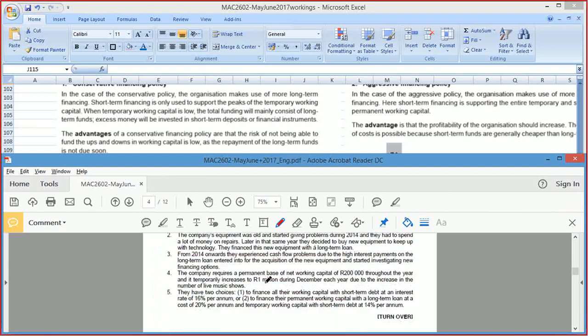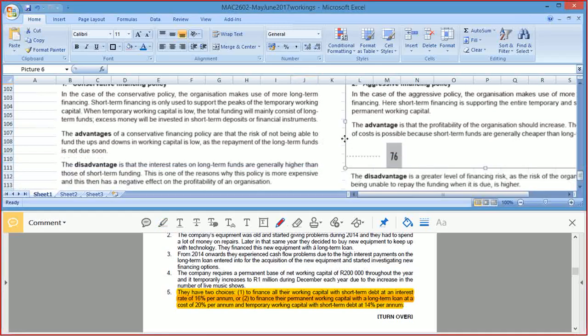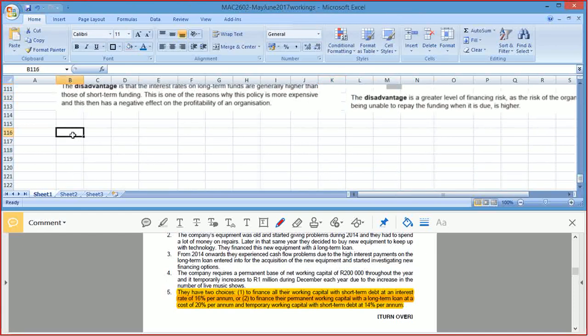Alright, so let's just look at this. Okay, the financing we need. Okay, so there's the important bits. We need the cost, obviously. Okay, and did they only want aggressive, hey? Yes, sir. Okay, so just write down one heading.